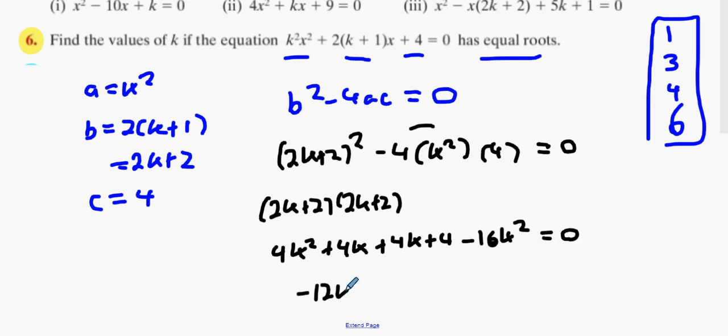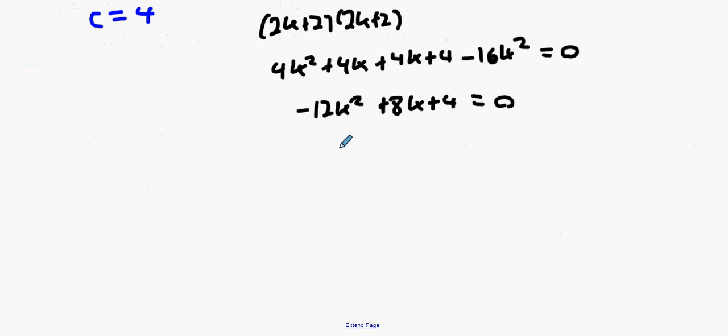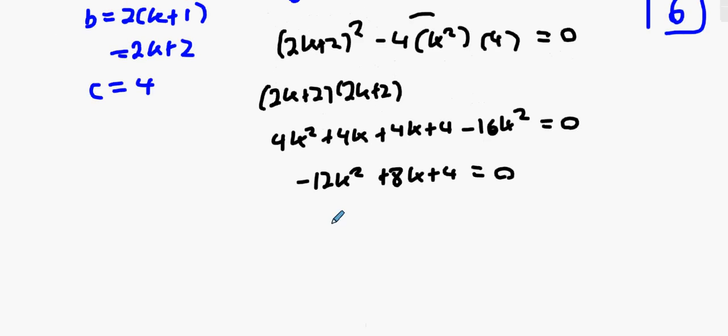Minus 12k squared plus 8k plus 4 equals 0. Multiply both sides by minus 1. You get 12k squared minus 8k minus 4 equals 0. Divide by 4.